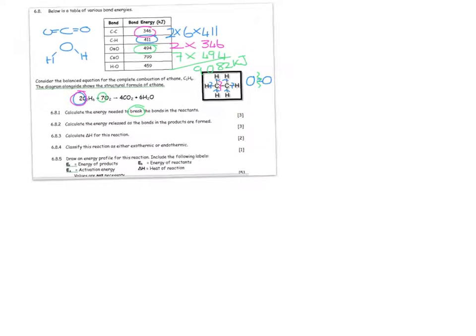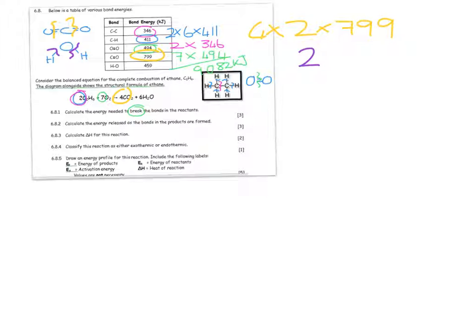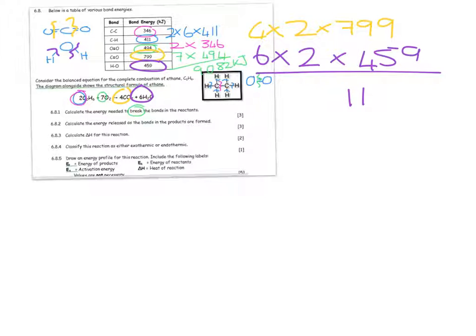So in 1 carbon dioxide, I am going to need to break 2 C=O's, and there are 4 of them. I then need to, in 1 water, break 1, 2 O-H's, and there are 6 of them. When I add that all up, I land up with 11,900 kilojoules.